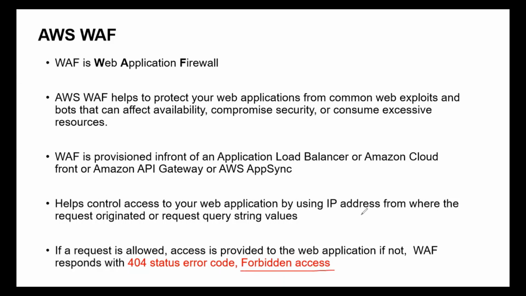So based on our allow rules or block rules, WAF is going to decide whether it has to forward the request to the load balancer or block the request there itself. This is the scenario that we are going to do in our lab also.